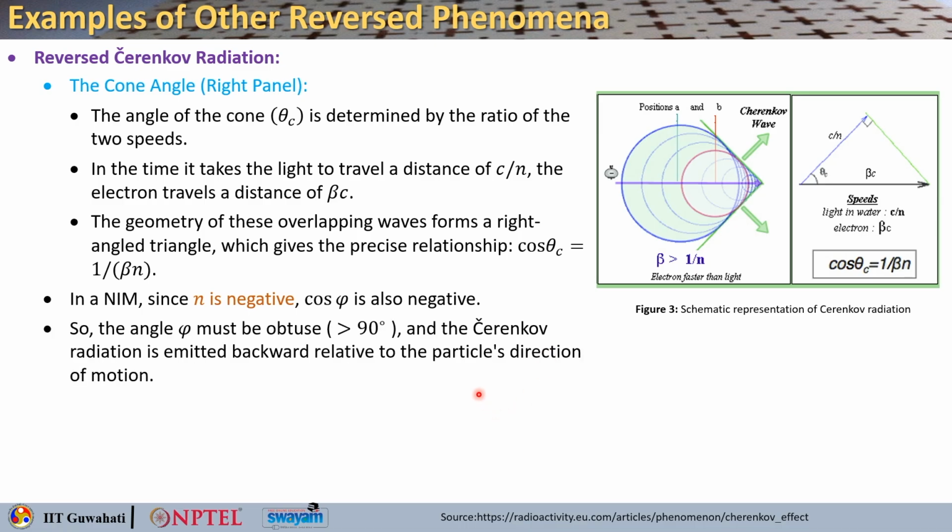You have to understand that because cos phi is negative, the angle phi must be obtuse, greater than 90 degrees. In that case, the Cherenkov radiation is emitted backward relative to the particle's direction of motion. This is completely unusual and opposite of what happens in a conventional material.